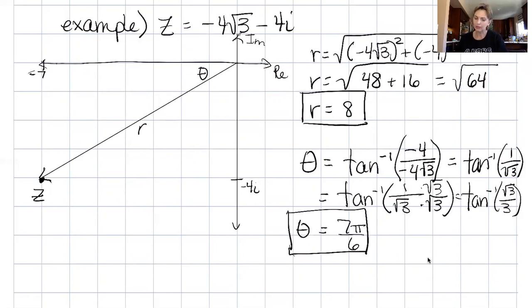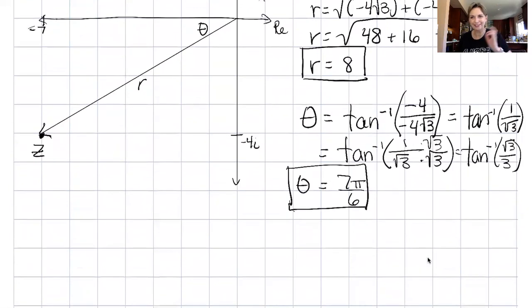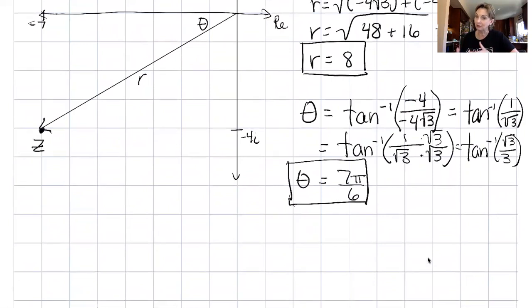Okay, well, now that we have these numbers, right, the argument, what do we do with these numbers now that we have them? What are they for, right? What they're actually for is for writing the polar form of these complex numbers. So let's say in example 1, I wanted to write the polar form of that complex number.